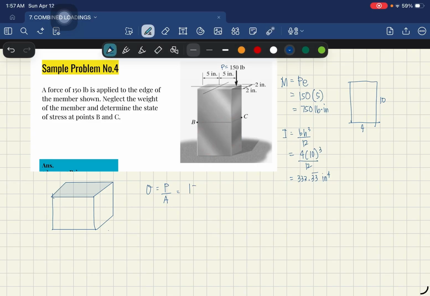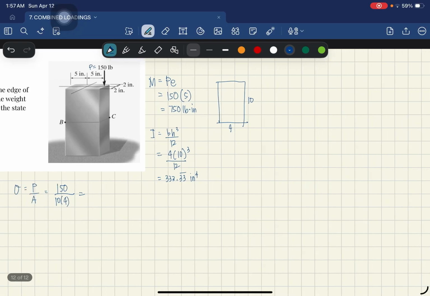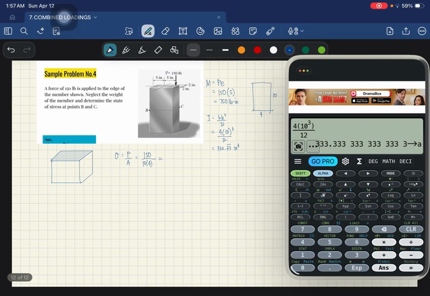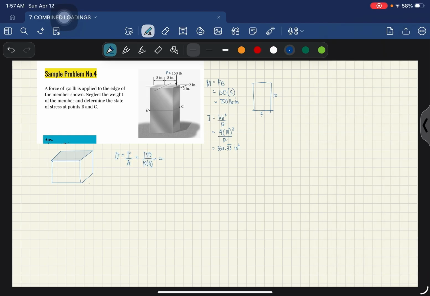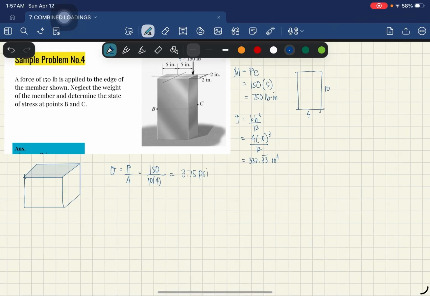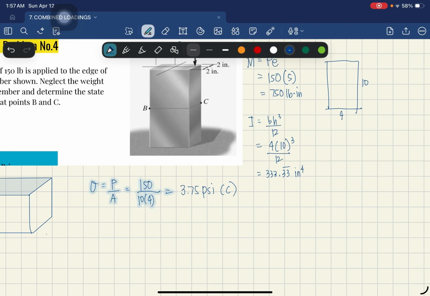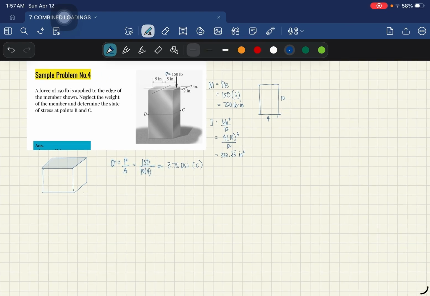So yung force na mararanasan din sa baba is 150 pound over yung area na 10 by 4. So equals to, nasa yung calculator, 150 over 10 times 4 is 3.75 PSI or pounds per inch squared. Then take note, compression siya.